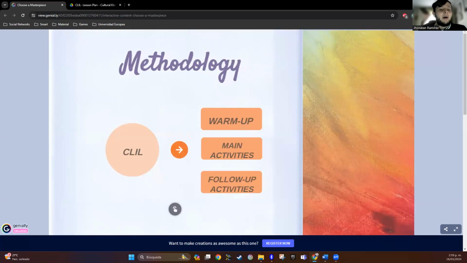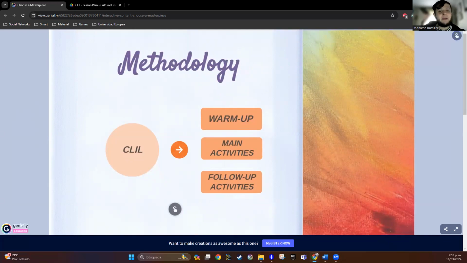This proposal will be divided into three different stages: the warm-up, main activities, and follow-up activities.